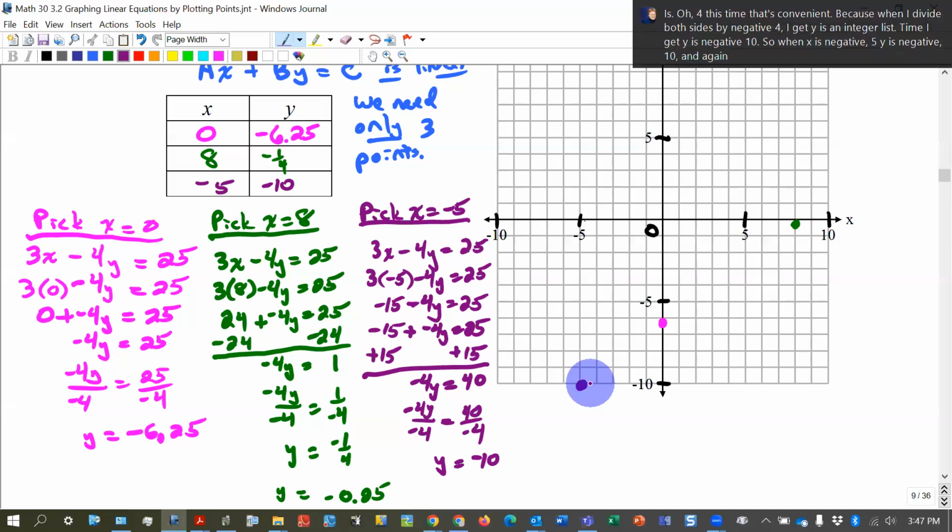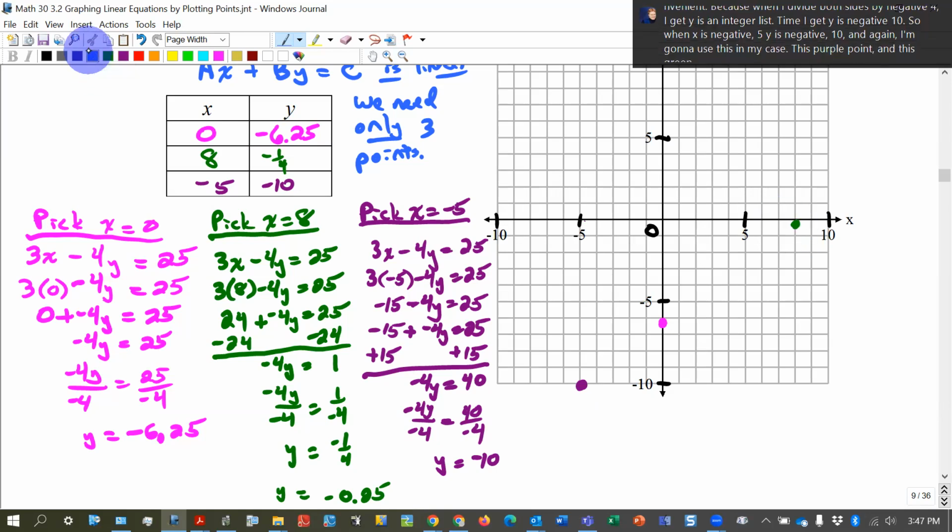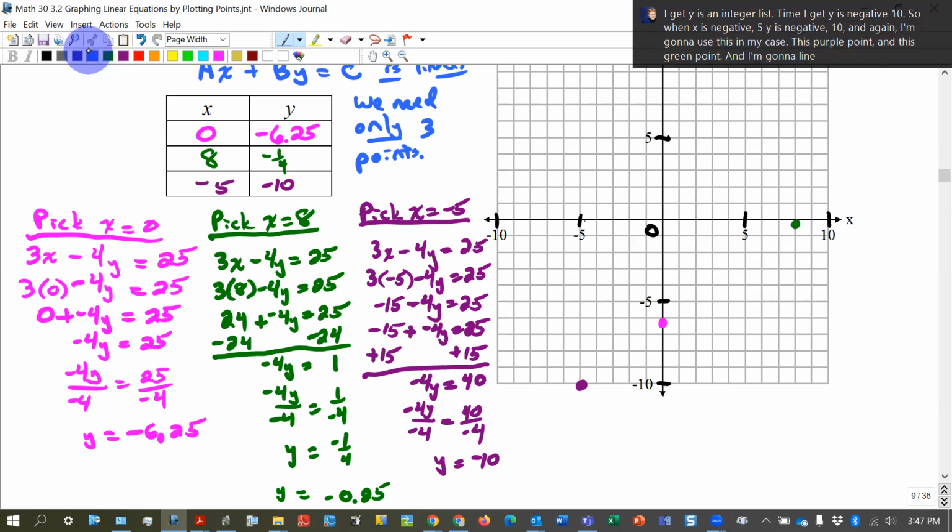And again, I'm going to use this purple point and this green point. And I'm going to line them up with the straight edge of a ruler or a note card. Sorry about that. I just knocked something off my desk here.